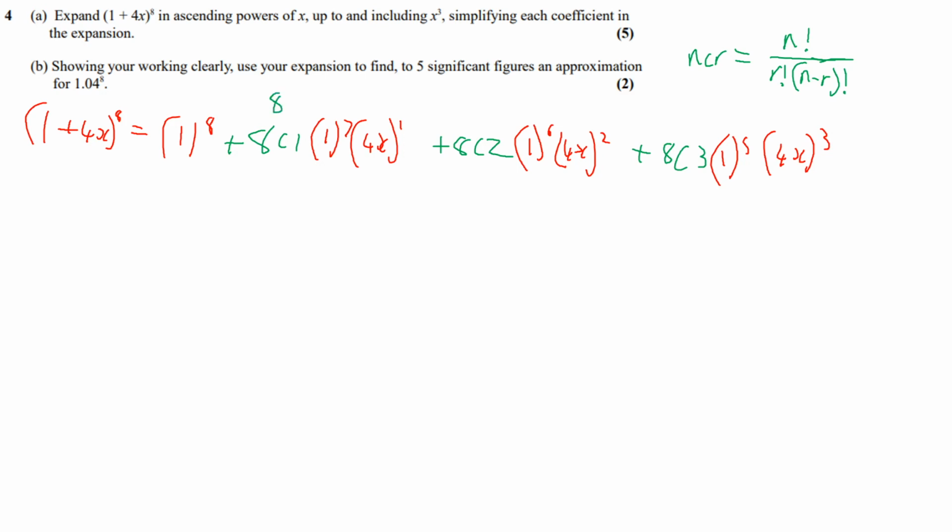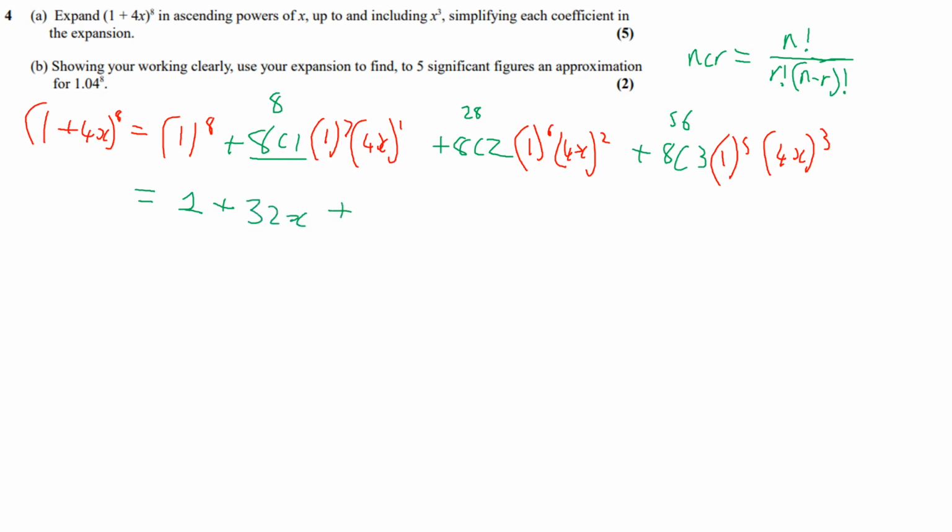This will be 8 because it's always going to be the same. 8 choose 2 is 28 and 8 choose 3 is 56. So we can say that this will be 1 plus 32, sorry, 8 times 4 is 32.